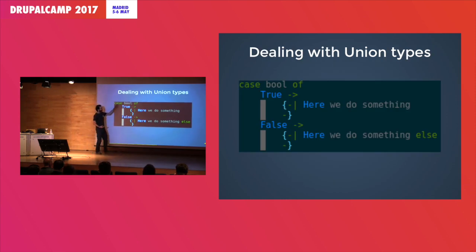And this is how you deal with union types. Every time you handle a variable that is a union type, you need to use a case, and a case that handles all the different options. And it always will return the same data type, because this is a typed language, and all the functions always return the same.